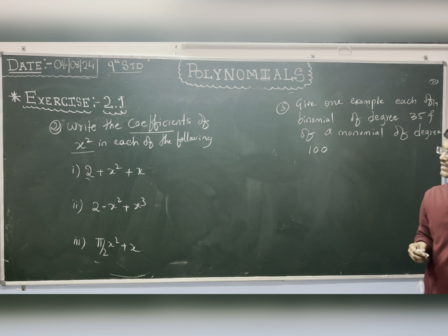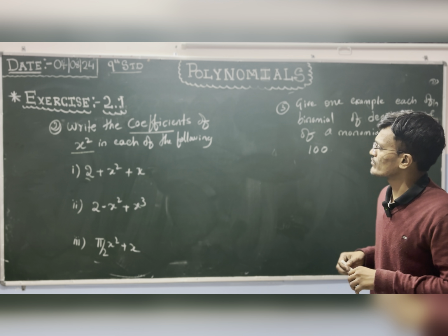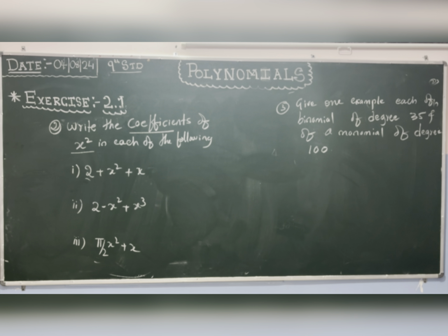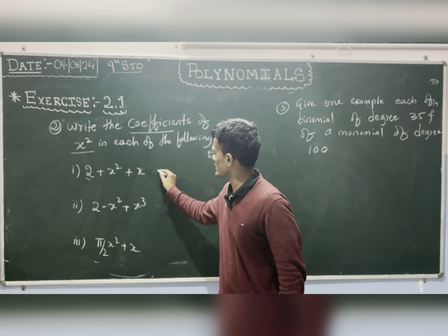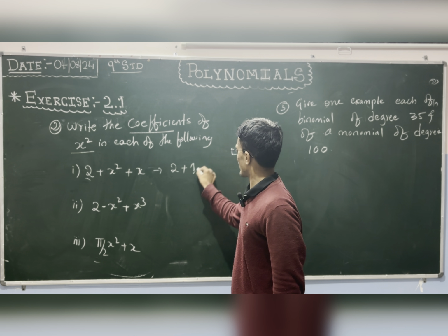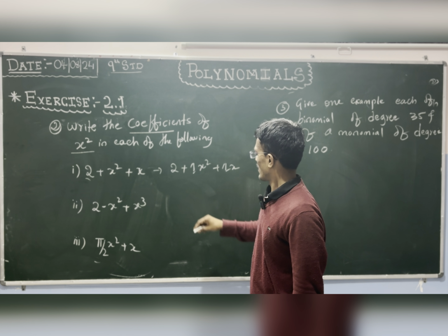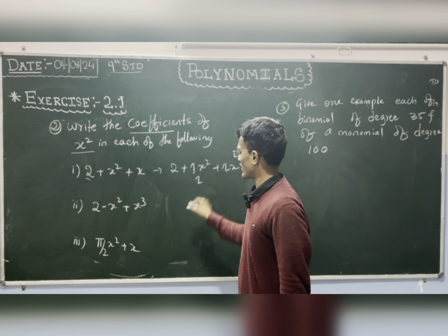Now question number 2, write the coefficient of x square in each of the following. Each polynomial has a coefficient. Question number 1, 2 plus x square plus x. Here we can write 2 plus 1 x square plus 1 x, and the x square coefficient is 1.